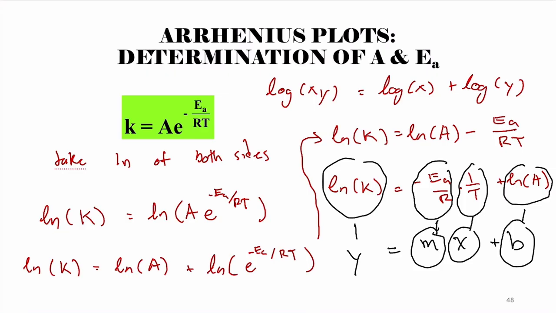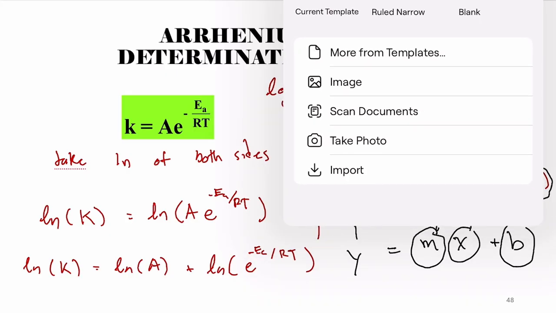And so you say, okay, well that sounds kind of weird. So what I'm saying is, I'll go back to that in a second. If we have a plot, our x-axis is going to be 1 over the temperature.